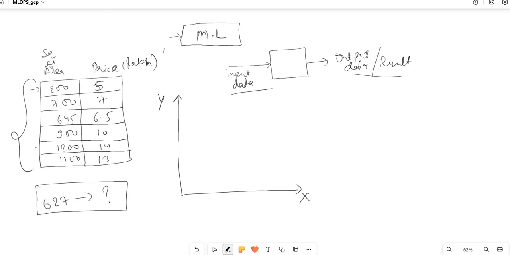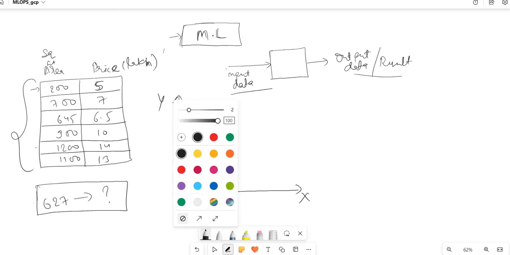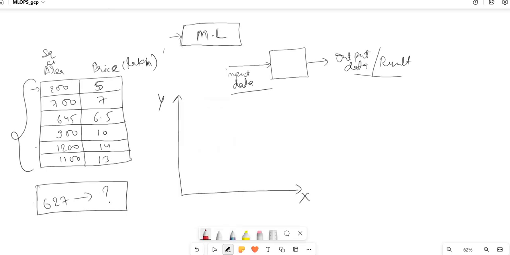Price. So the price will be on the y-axis. The input will be 627 square feet, and the output I want is the price. The area, whatever input we give, will be on the x-axis.